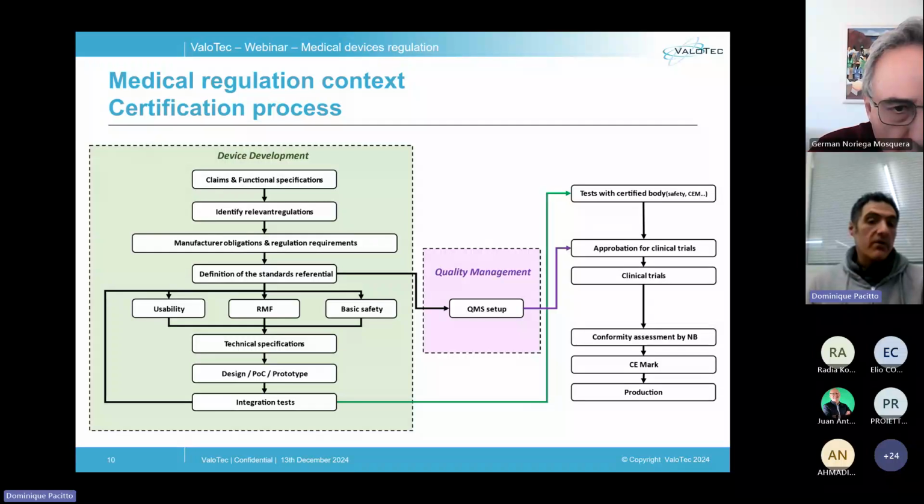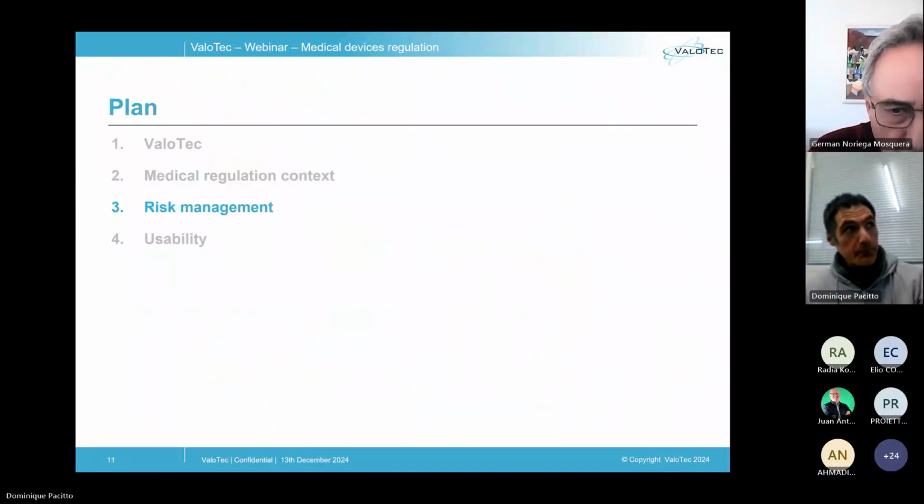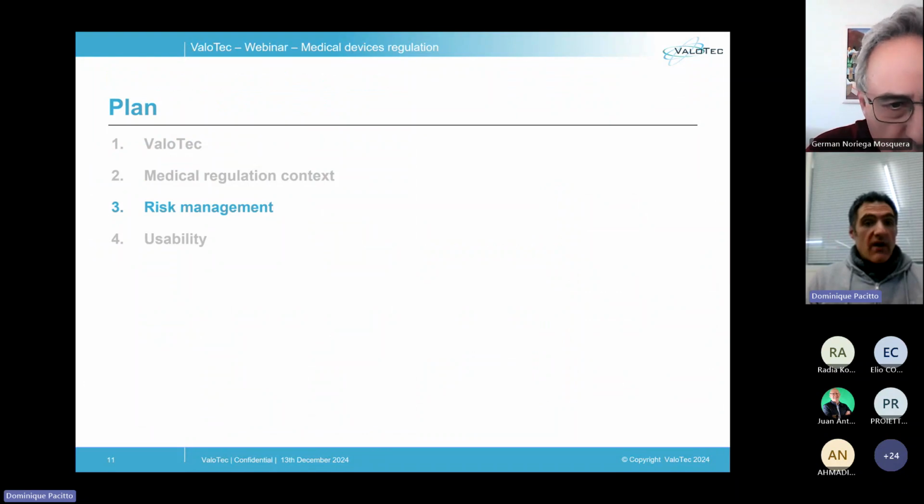And finally, the device follows the certification process we talked about last time, shown on the right of this slide, and up to the production and the commercialization. So, having these context elements and this workflow in mind, we can now speak about the risk management.